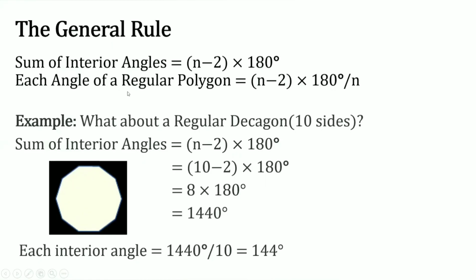And each angle of a regular polygon is equal to (n minus 2) multiplied by 180 degrees divided by n, where n is the number of sides the polygon has. Let's see one example for a regular decagon. As we have seen in the table, a decagon means a regular polygon with 10 sides. So here n is equal to 10.